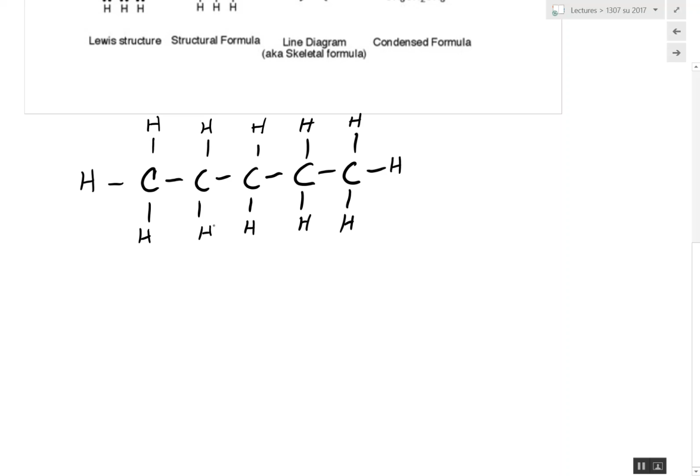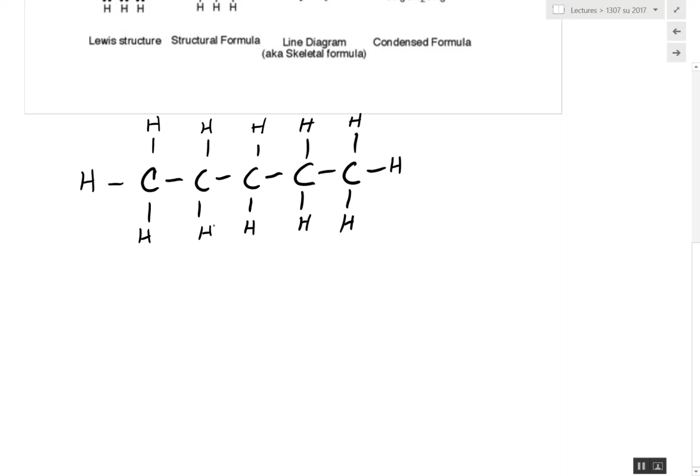Okay, line diagram. Now here's how to do line diagrams. Use pencil, even on the homework, because you're learning how to do these things. You'll do it and go, oh, that's wrong, and you'll erase it and do it right.